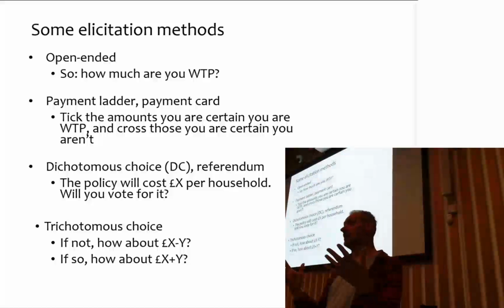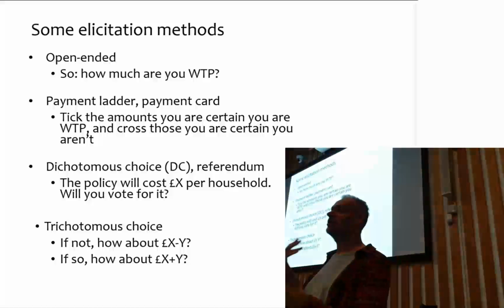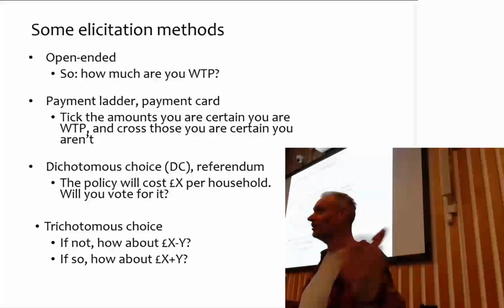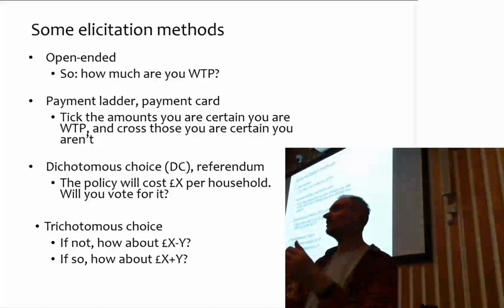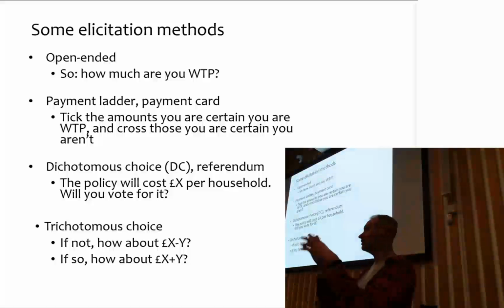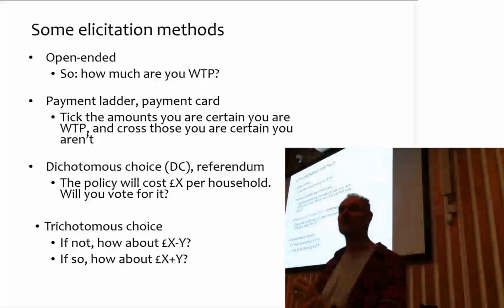The big problem here is, of course, that you don't learn a whole lot about people's preferences. I asked some of you guys, are you willing to pay 50? Other part of the class, I asked, are you willing to pay 40? Another part of the class, I'm asking, are you willing to pay 60?